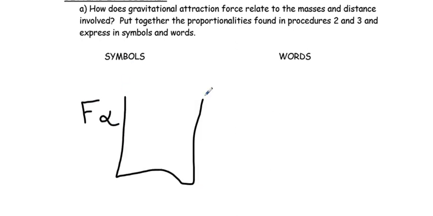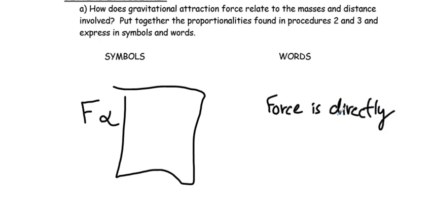So force is directly related to what in terms of the two masses and the distance, and then over here simply saying force is directly related to, and hopefully you can answer that.